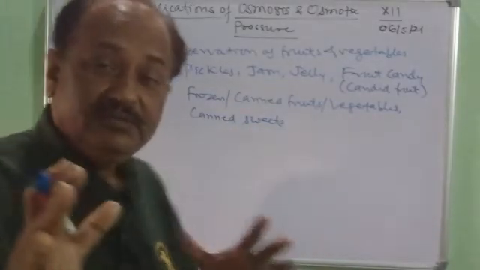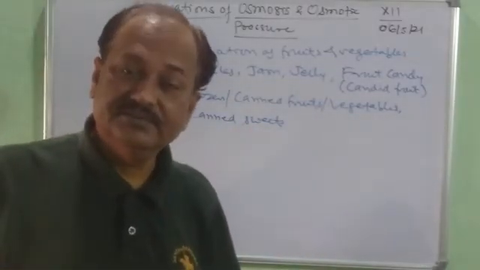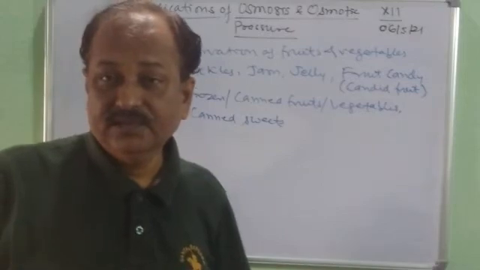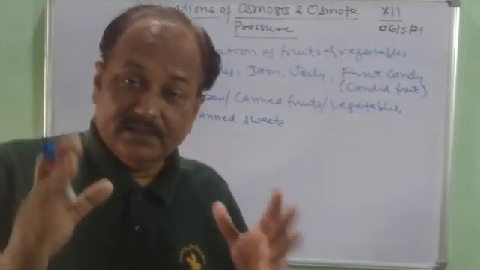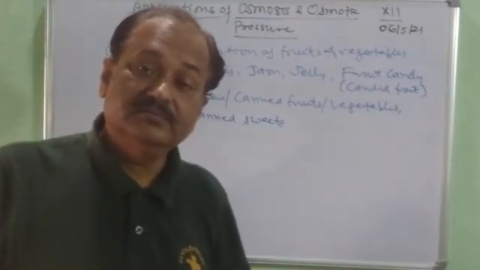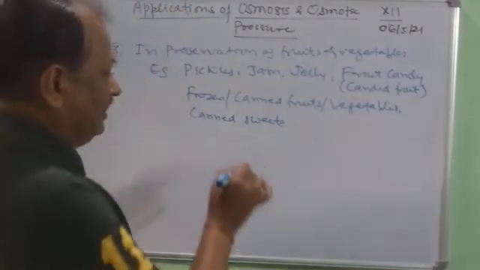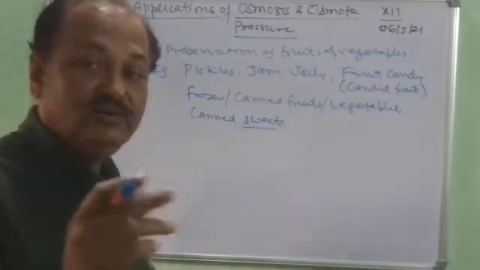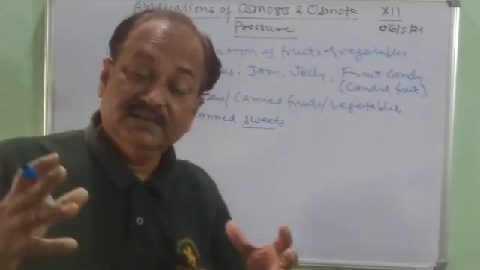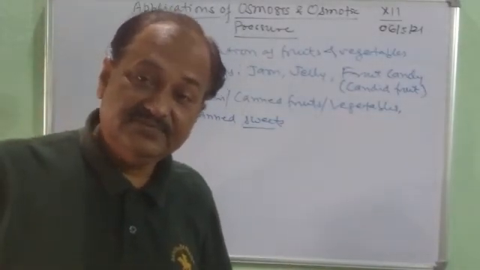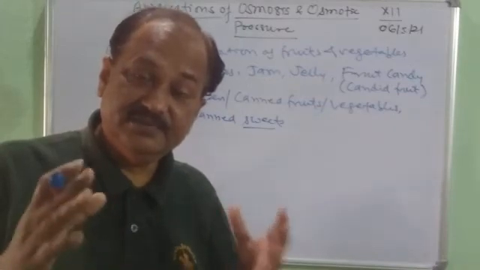Canned means which are stored in cans in a strong solution of any suitable solute. For example, take the case of sweets, the gulab jamun, rasgullas. They are available in canned form by a special process.